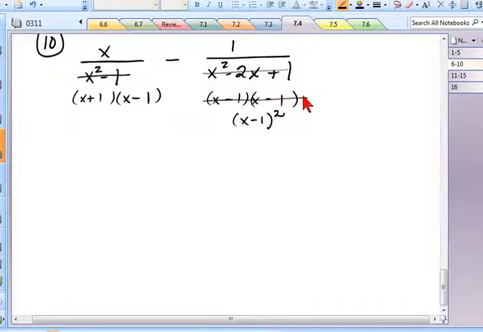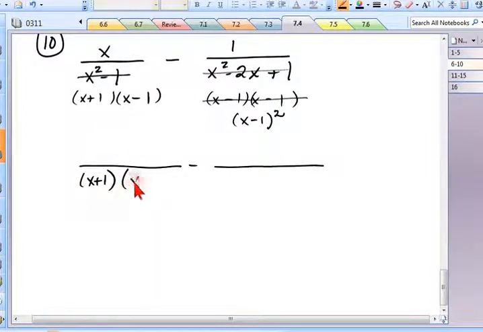So those are my final forms. So I factored the first one as a difference of squares. I factored the second one. Maybe I didn't notice it was a perfect square trinomial, but it was. Same factor twice, write it as a factor squared. Common denominator. I need one of every different kind of factor, high power. So I need an x plus 1.